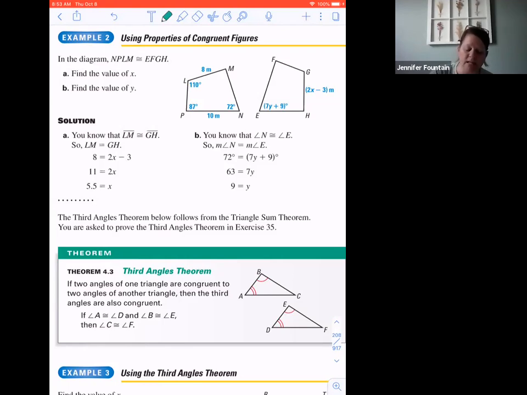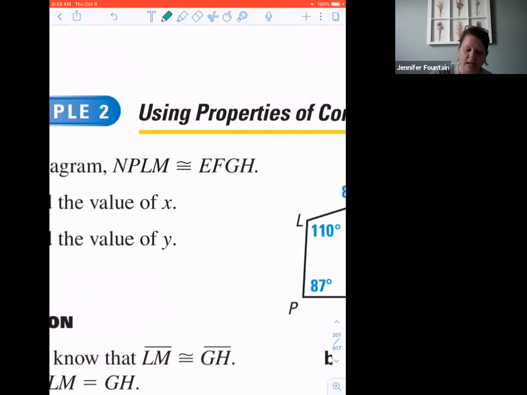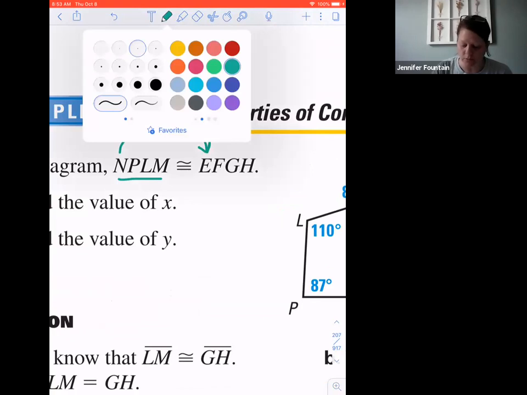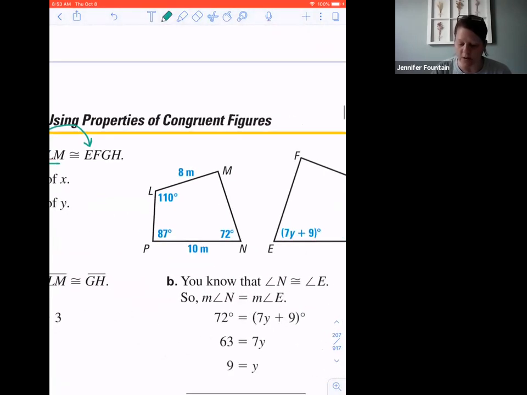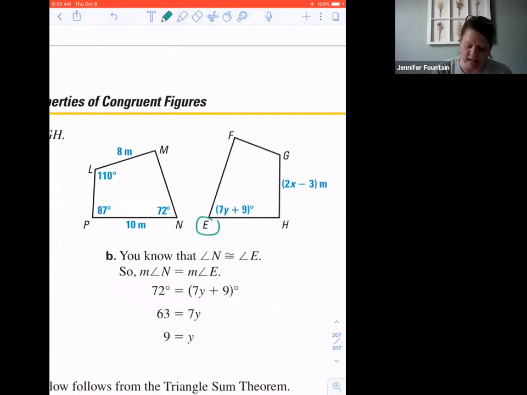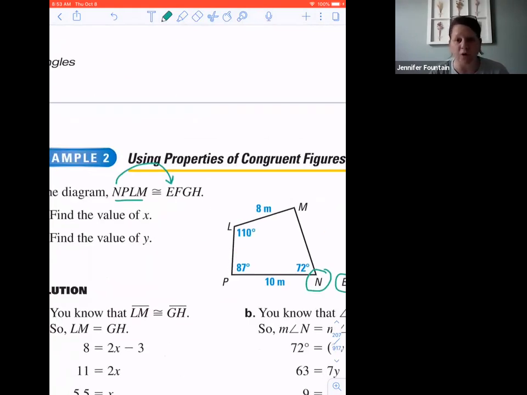Okay, so one of the things to mention here is notice that when I'm not sure what corresponds with what, I can look at the way it's named. And notice that they said N came first, so that means N corresponds with E. Okay, and then I can look at my picture and come over here and say, okay, I know that N and E correspond because they were both written first in the naming of the shape.